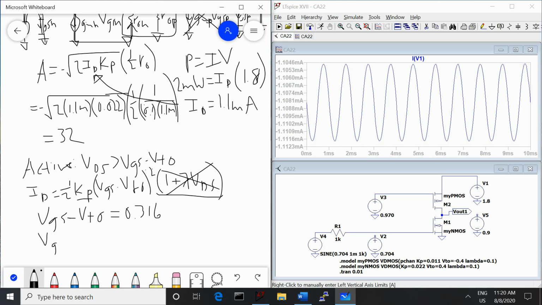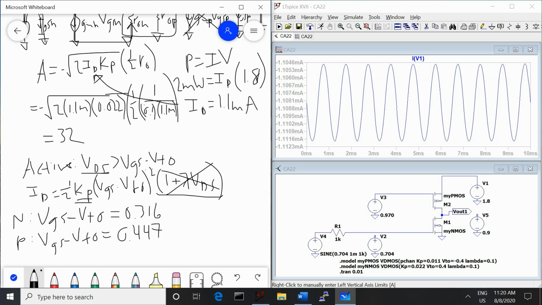And for the PMOS, we'll label these here, that's N, this is P, and for the PMOS, Kp is 0.11, so that gives us a VGS minus VTO of 0.447.